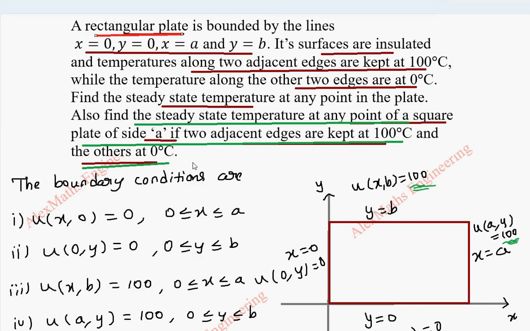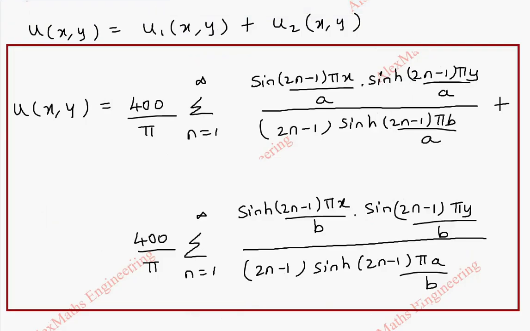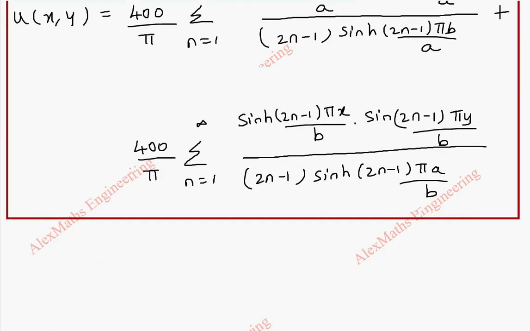Now for the square we can just change all the B as A, because in a square all the four sides are equal. So for a square plate, A equal to B here, that is all the B is also A.